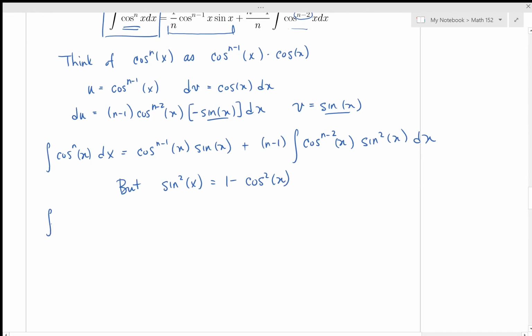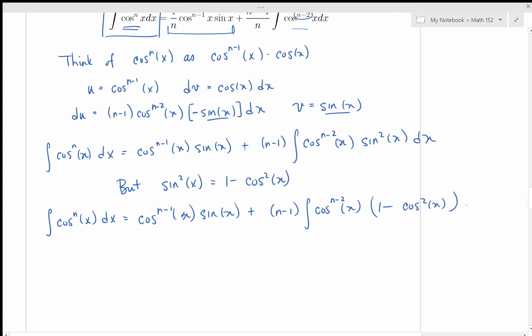Using that identity, the integral of cos^n x dx is equal to cos^(n-1) x sin x, plus n-1, and here I'm going to replace the sine using that trig identity. That's cos^(n-2) x, and the sin^2 I'm going to replace with 1 minus cos^2 x dx.